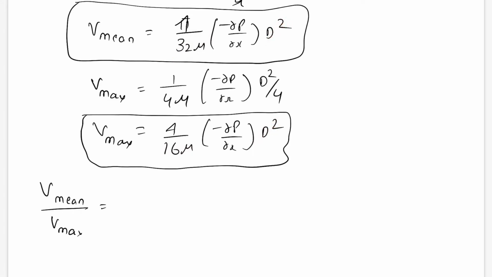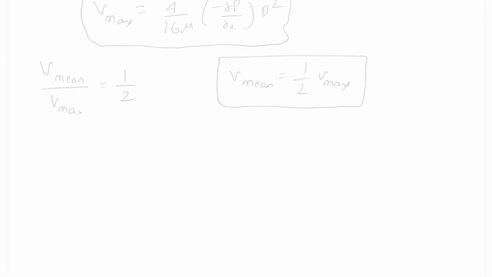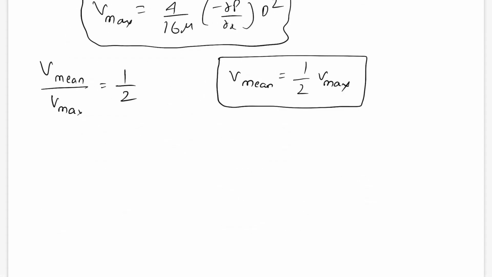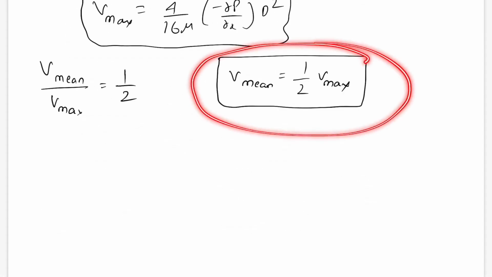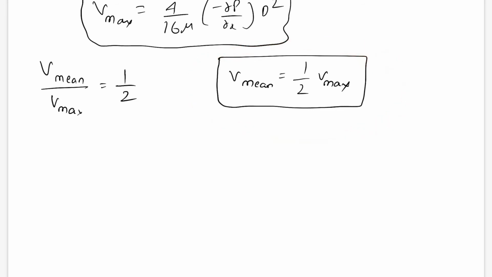V mean by v max is equal to 1 by 2, that is v mean is equal to 1 by 2 v max. Now we got this expression between v mean and v max. We've already derived an expression for v in terms of v max, that is v is equal to v max into 1 minus small r by capital R whole square.